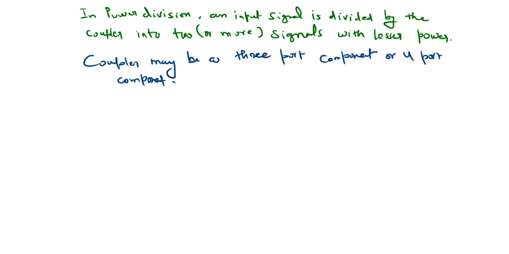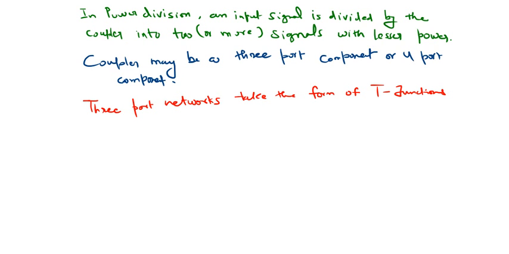Please note that the three-port microwave networks take the form of T junctions and other power dividers.